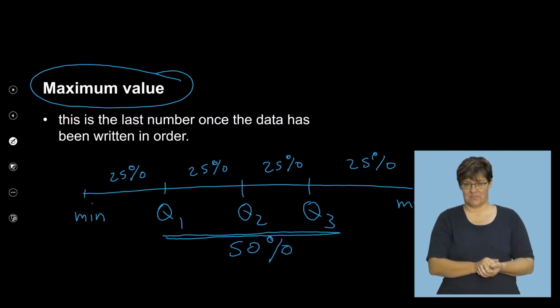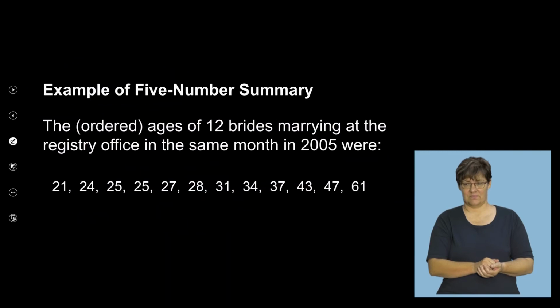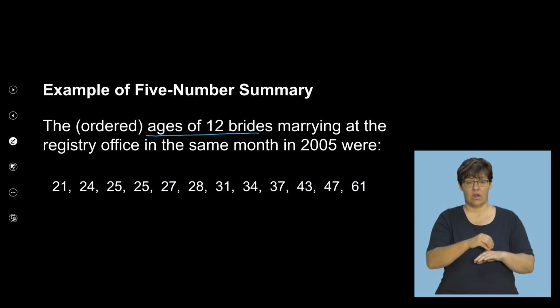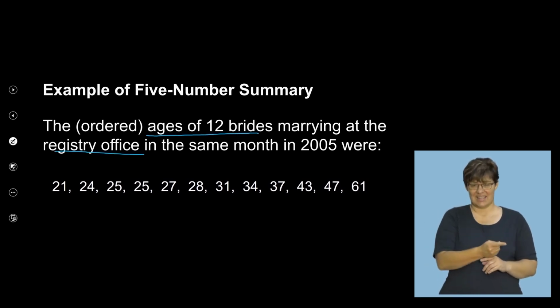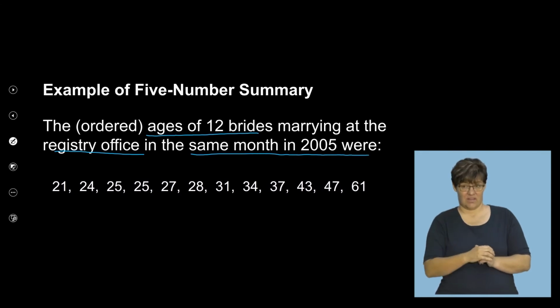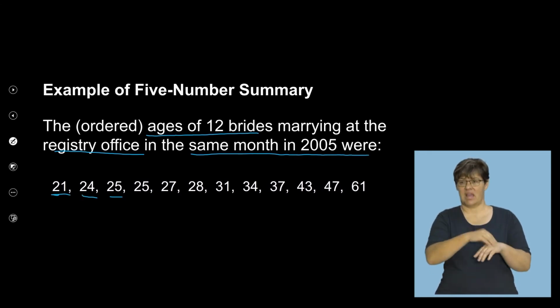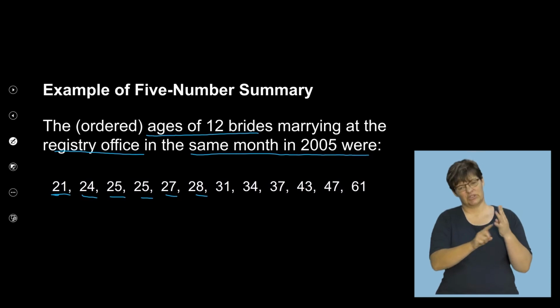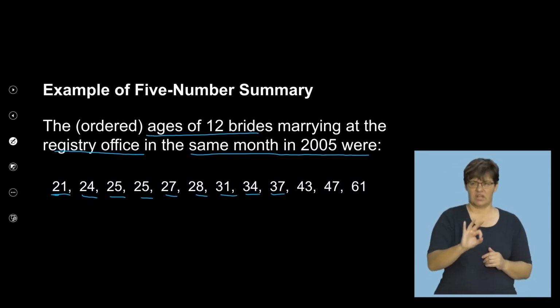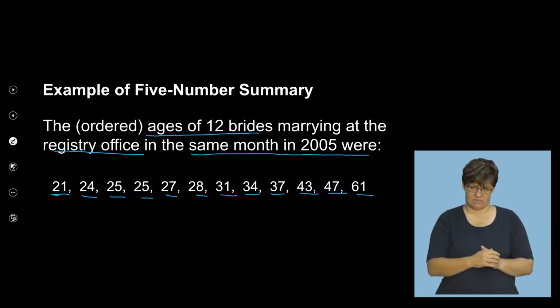Okay, so now we have an example here. The ordered ages of 12 brides marrying at a registry office in the same month in 2015 were 21, 24, 25, 25, 27, 28, 31, 34, 37, 47, and so on.